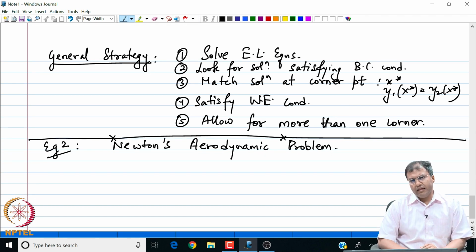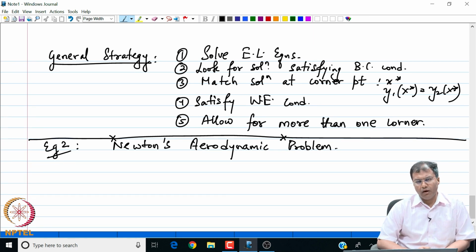In this lecture we are going to derive the shape of these objects which move through the air, by looking at the frictional drag which acts on the surface of these moving objects.